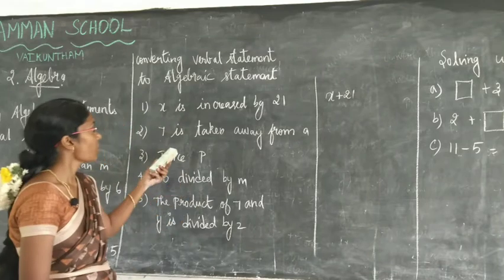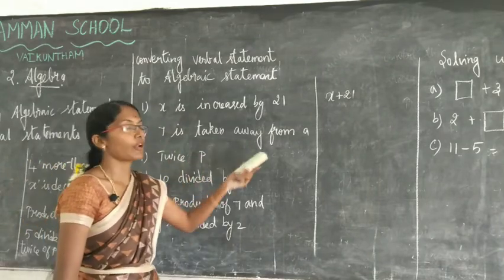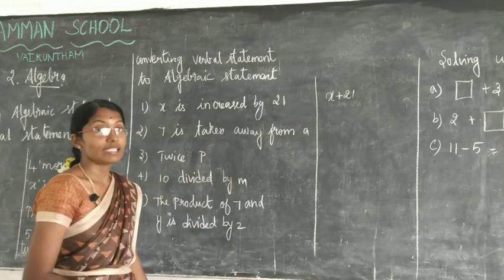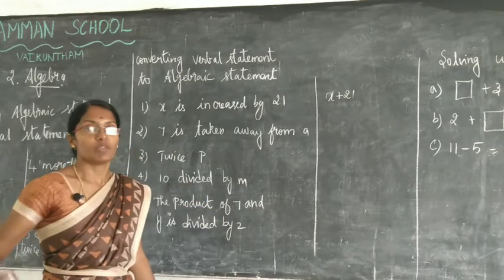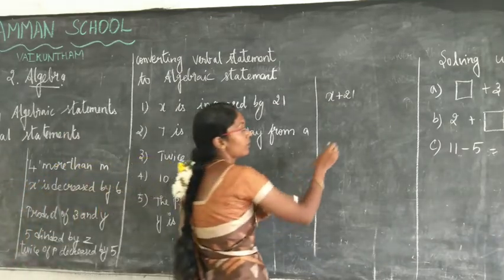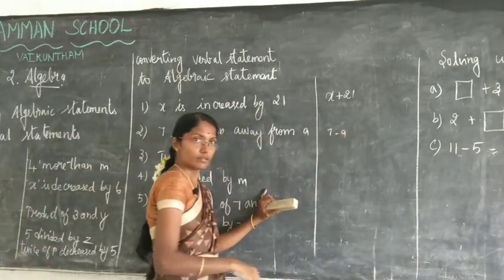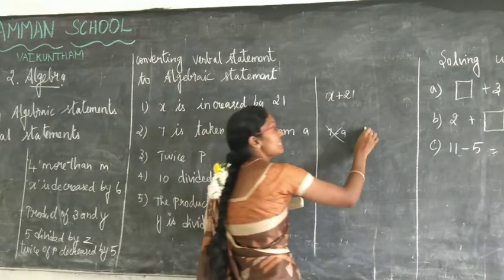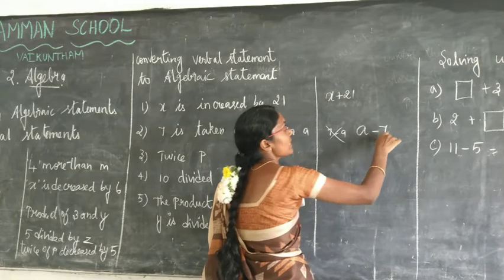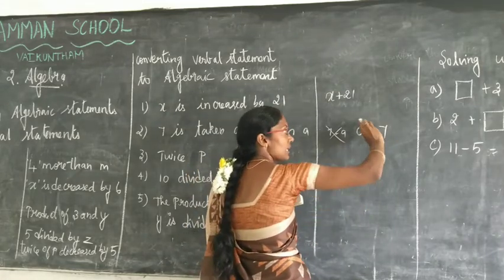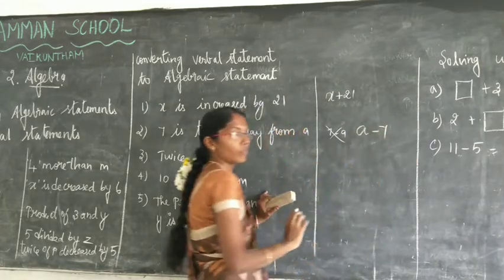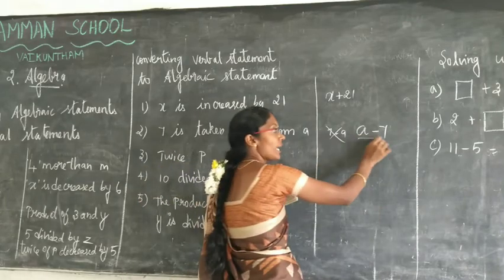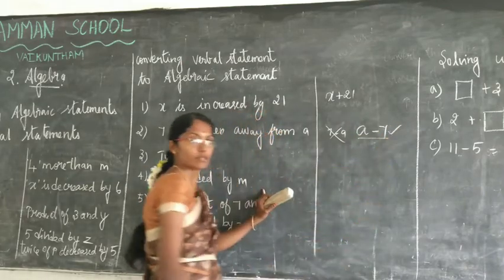Next one, 7 is taken away from a. How will you write? 7 minus a. Is it right? No, it's wrong. Then how will you write? a minus 7. 7 is taken away from a, so you have to write a minus 7. This is correct.